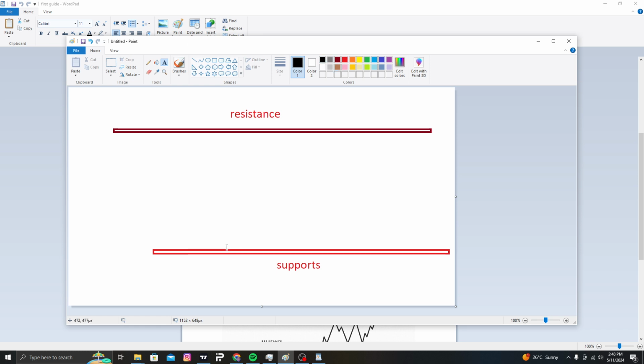Every time price touches this level, it goes back up. Every time price touches this level, it goes back down. It's basically respecting your support and resistance.